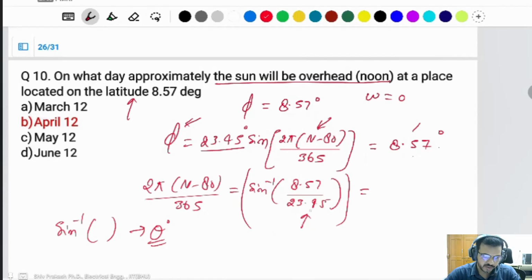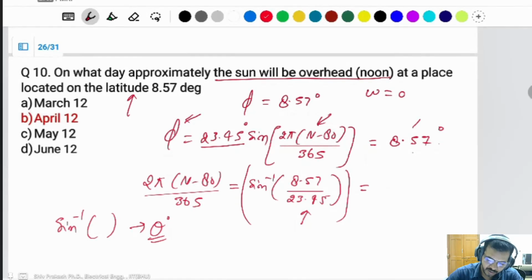Now calculate this one: 8.57 divided by 23.45. The sine inverse of this will be 21.43. This will also be an angle, but all of these things will be in radians, so just convert it to radians.